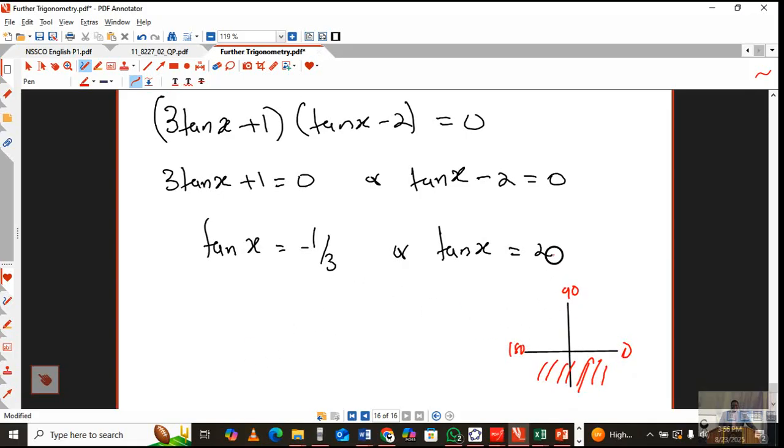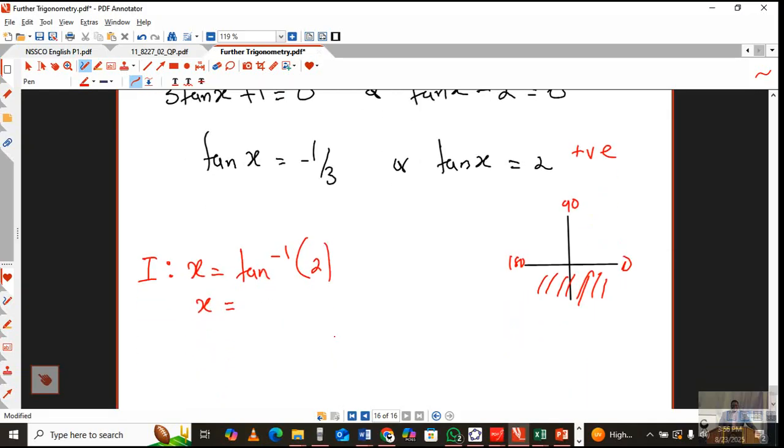So let's take when it's positive. It happens in the first quadrant. The answer will be the inverse tangent of 2. I'll write down that answer in a bit. In the second quadrant, only sine is positive, so tangent is negative.